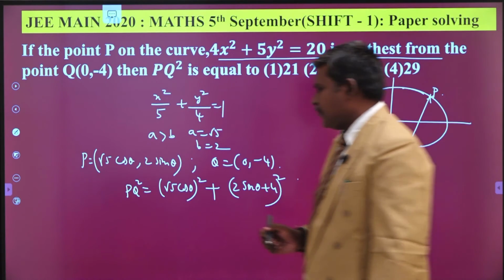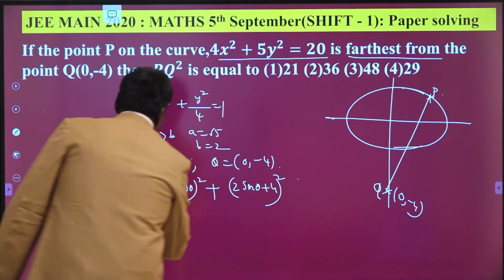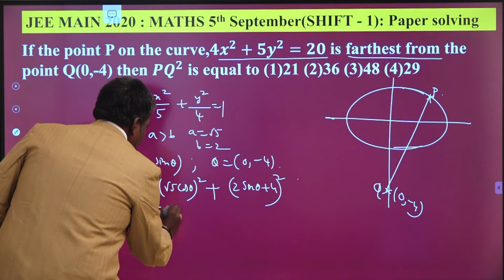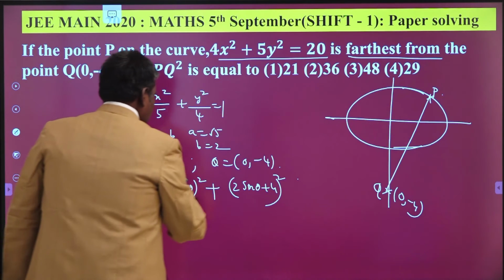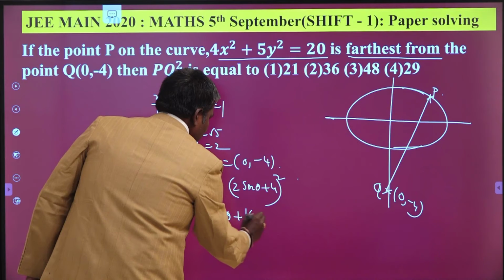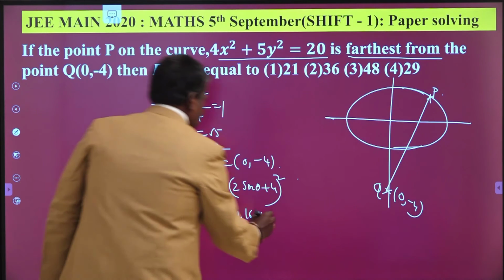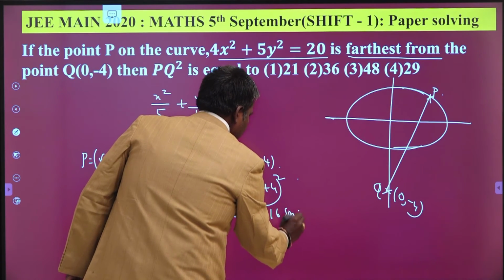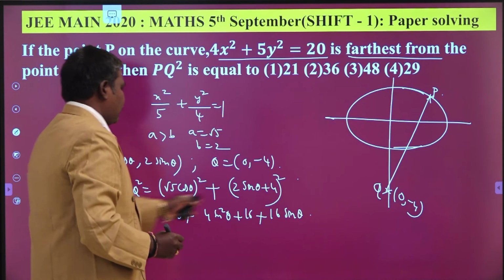It is very simple for you. Then it becomes maximum or minimum. So 5 cos square theta plus 4 sin square theta plus 16 plus 16 sin theta, since 8 twos are 16. Now I convert everything into sin.